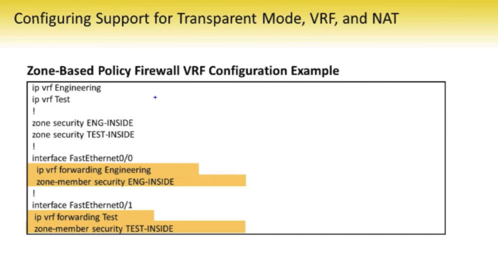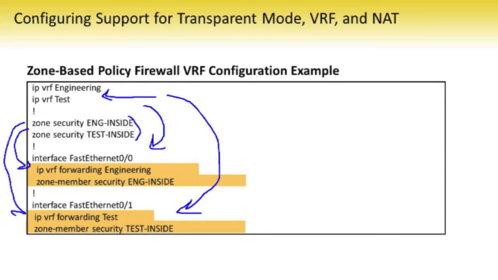Here we create virtual routing and forwarding tables. We assign those to particular interfaces, and then we go ahead and create zones and apply those zones to the appropriate interfaces. The zone-based firewall is VRF aware, so no additional worry is required on your part for these configurations.